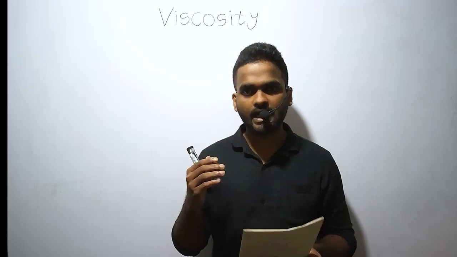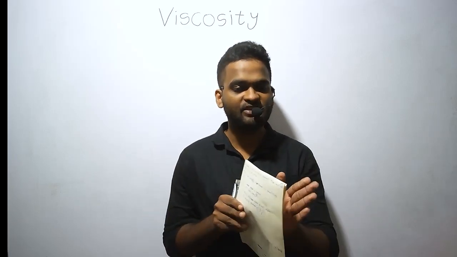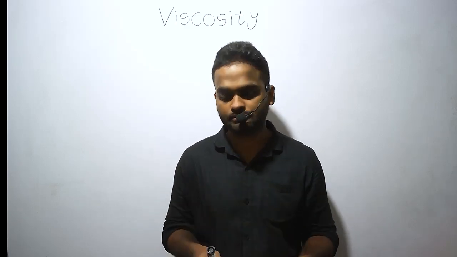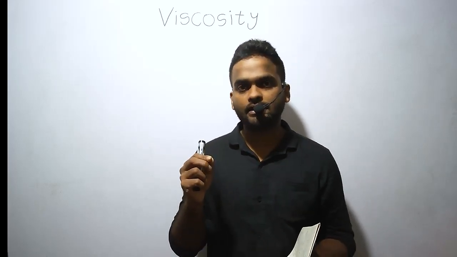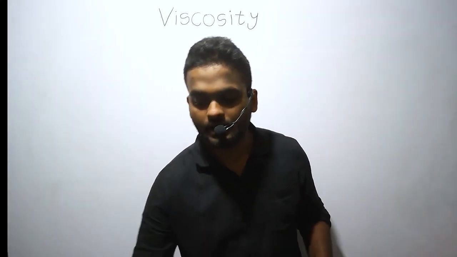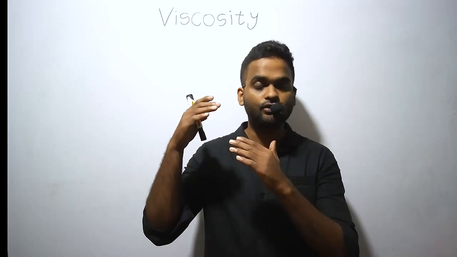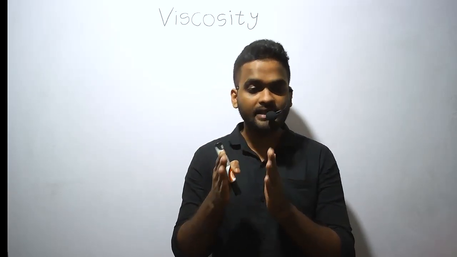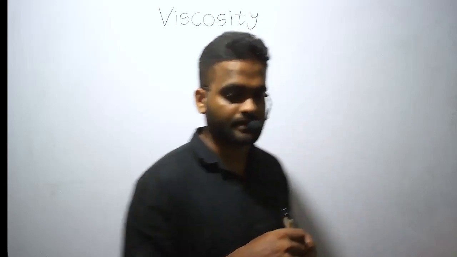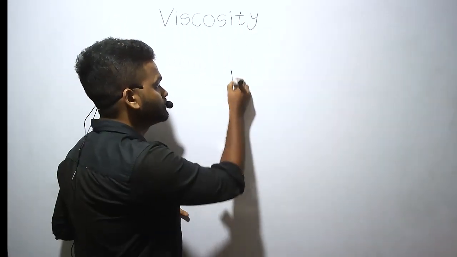So viscosity. So meaning of viscosity, this is regarding friction between liquids, right? I know that you have learned friction, right? So that friction, the friction you learned earlier is regarding solid surfaces, right?